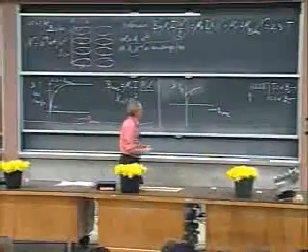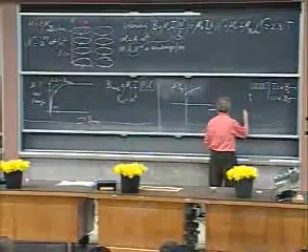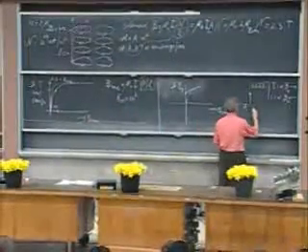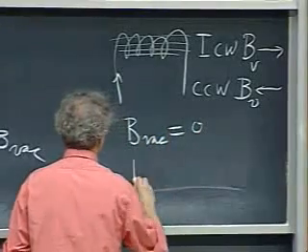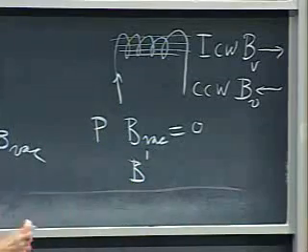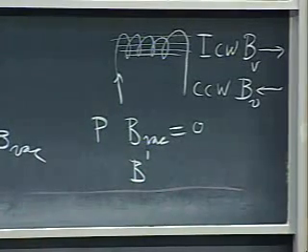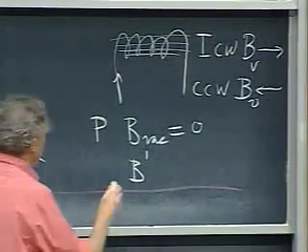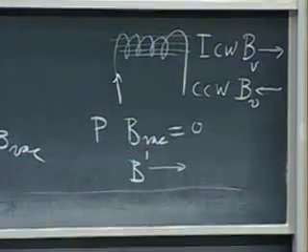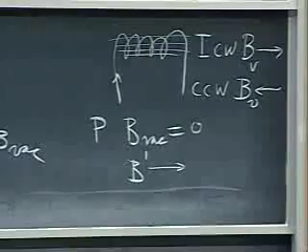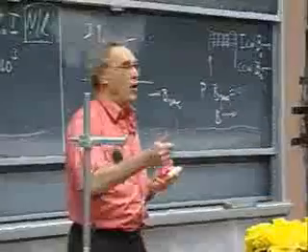And so at the location P, we have B vacuum is zero, but B prime, which is the result of those aligned magnetic moments, is still in this direction. Nothing is to scale here, of course. And so you still have a magnetic field. Now I reverse the current. I go counterclockwise.